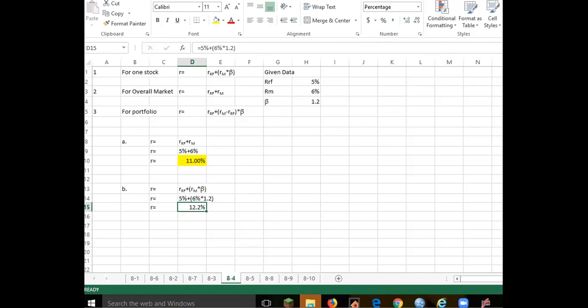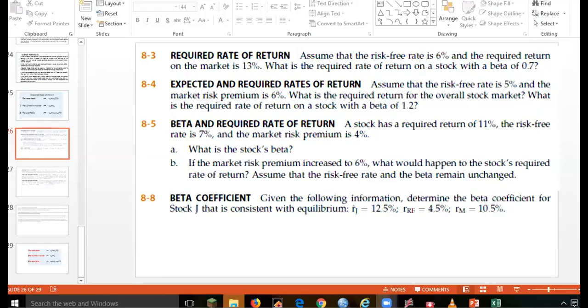Next is 8-5. A stock has a required return of 11%. The risk-free return is 7% and the market risk premium is 4%. What is the stock beta?